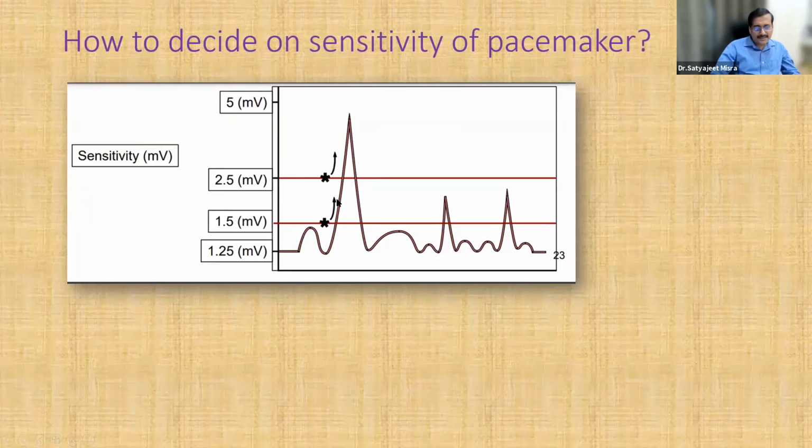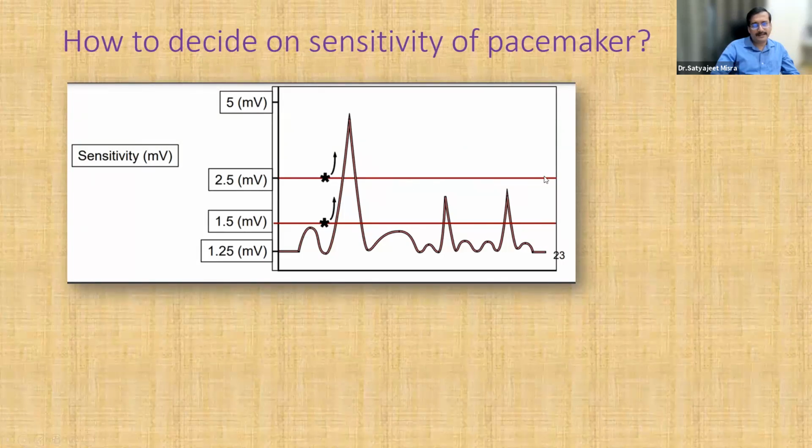Once you dial up the sensitivity, the pacemaker will become insensitive to the inherent electrical signals generated by the heart. So, for example, these are the QRS complexes generated by the heart. I set a sensitivity here.